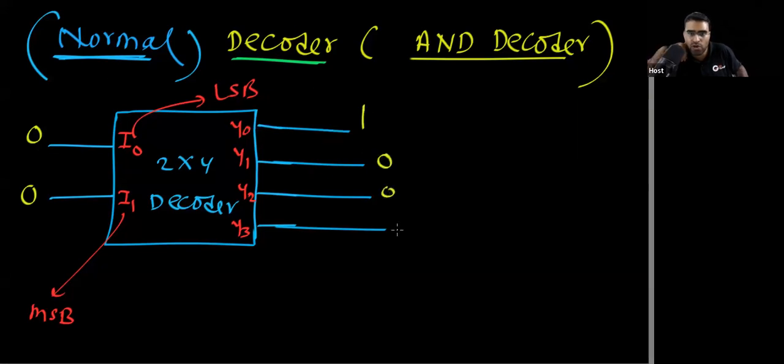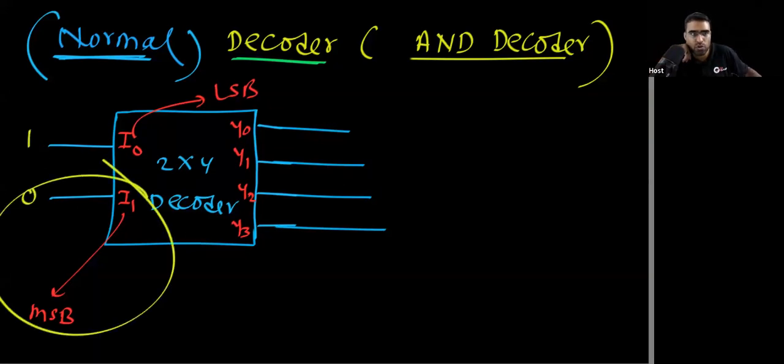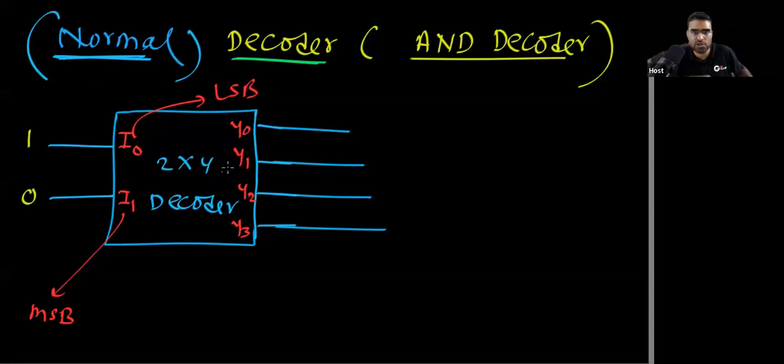This will become 1, all other will be 0. Similarly, if I apply MSB 0, LSB 1, this line will be activated, meaning this line will be 1, all other will be 0. And if I do this, this line will be activated, meaning this line will be 1, all other will be 0.